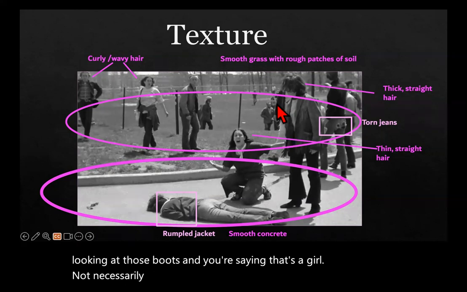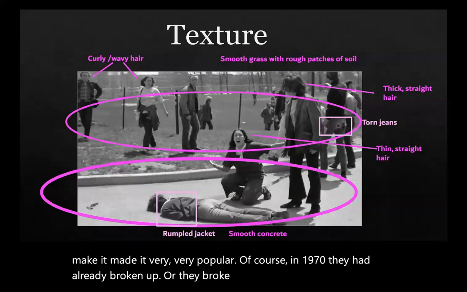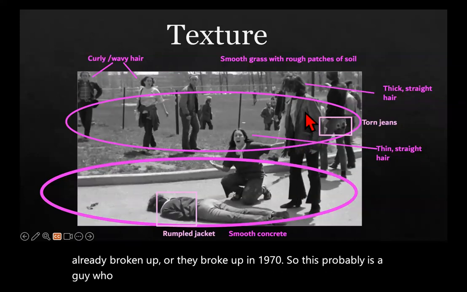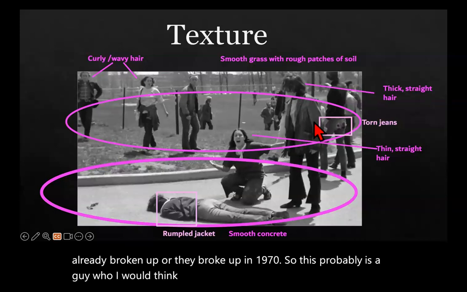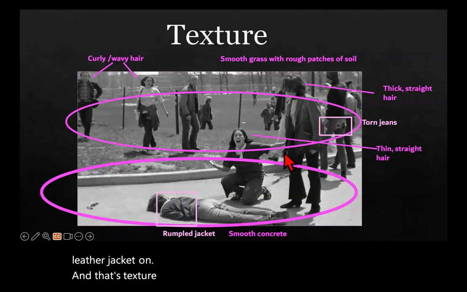Guys wore boots like that back then. The Beatles made it very popular. Of course, in 1970, they had already broken up, or they broke up in 1970. So this probably is a guy who is dressed very well. He's got a smooth leather jacket on, and that's texture. I can't tell if he's got a muffler on or what is over there.